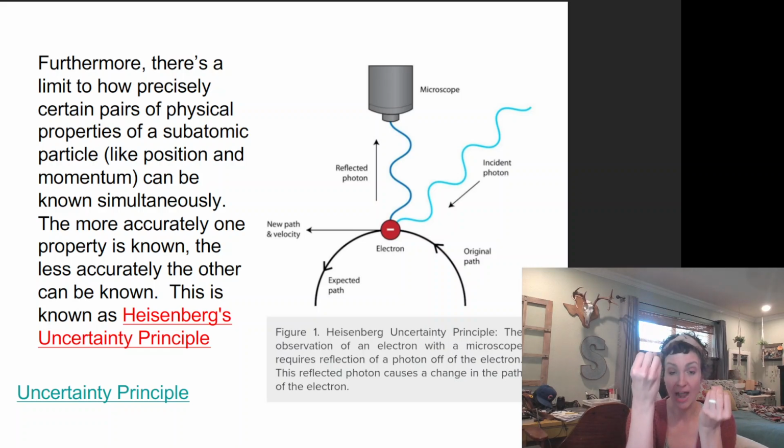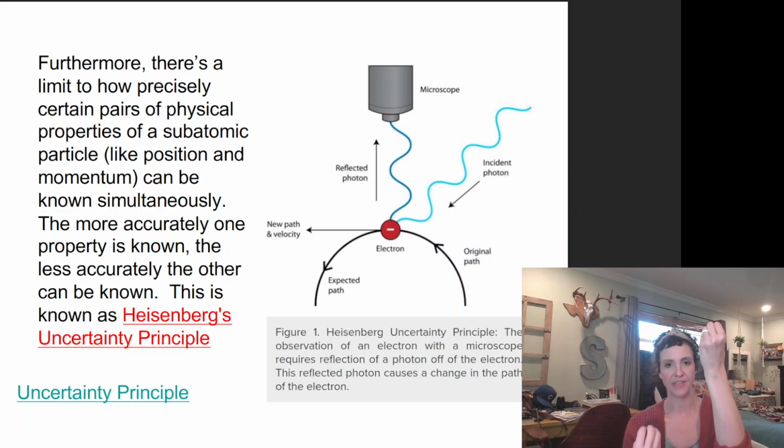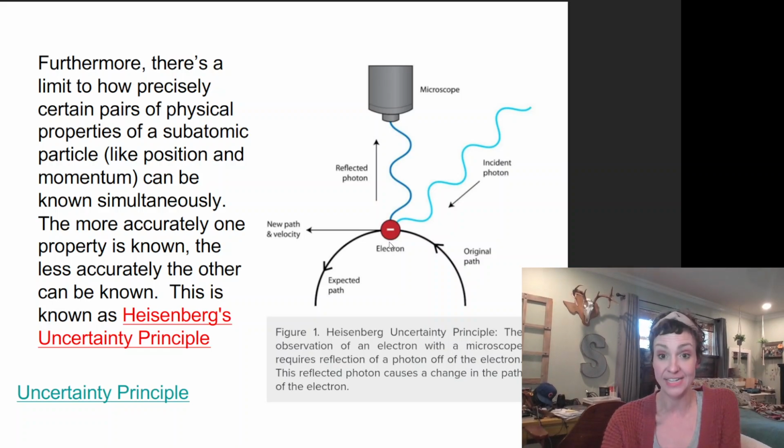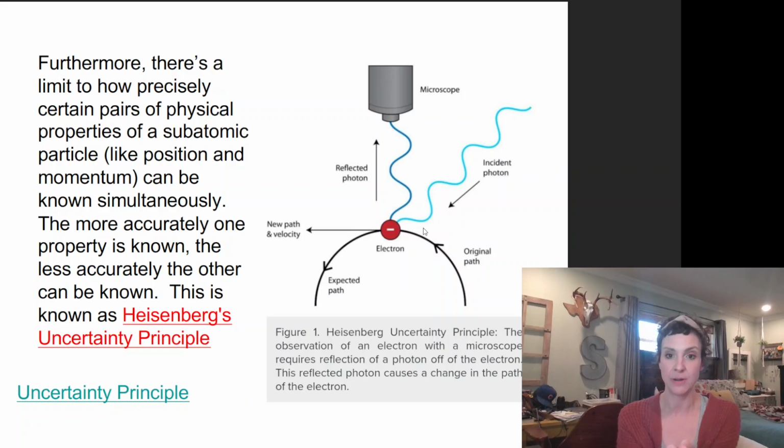This is also due to the measurement problem, because me trying to look at where that electron is and where it is going, the act of trying to measure it disrupts its position. So that's known as the Heisenberg uncertainty problem.